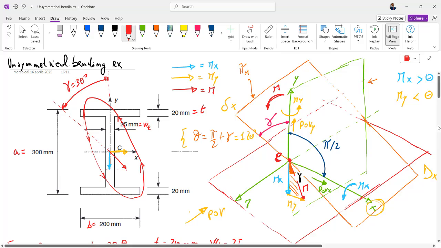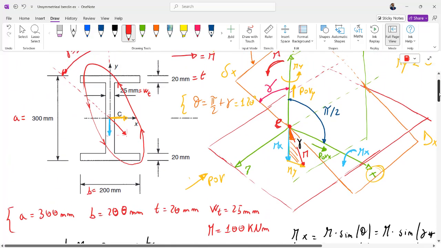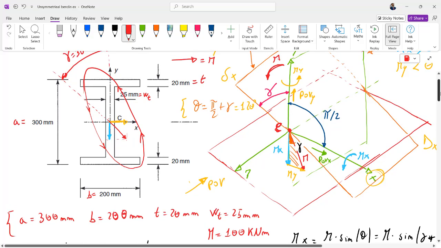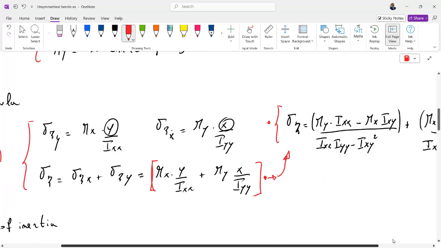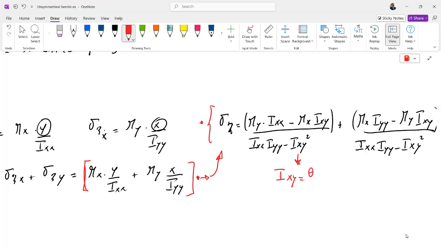But if I have a structure or cross-section that has at least one symmetrical axis, I can clearly say that the product of inertia Ixy is equal to 0. If the cross-section has at least one symmetrical axis, this assumption is verified.